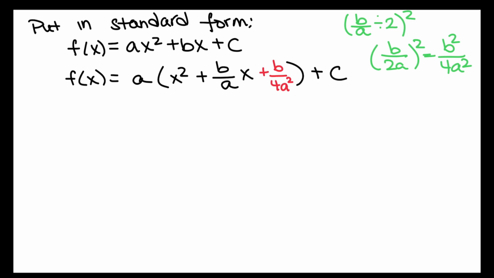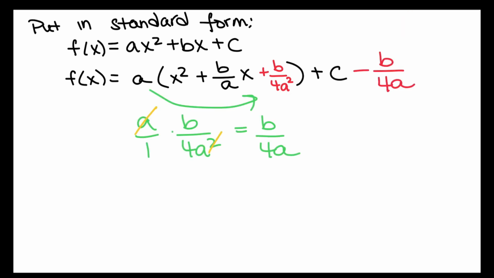To complete the square, I take the number in front of the x, b over a, divide it by 2, and square it. B over a divided by 2 is b over 2a, and if I square that, I get b squared over 4 times a squared. So I'm going to take that b squared over 4a squared and add that into my parentheses.